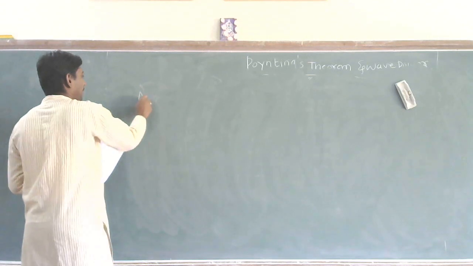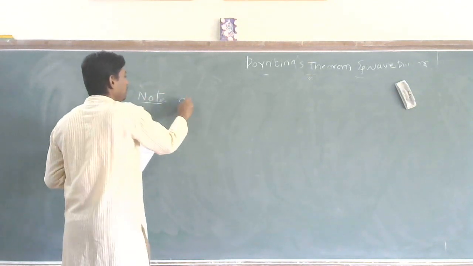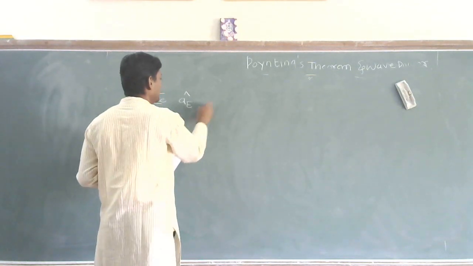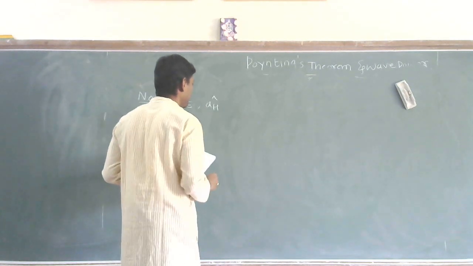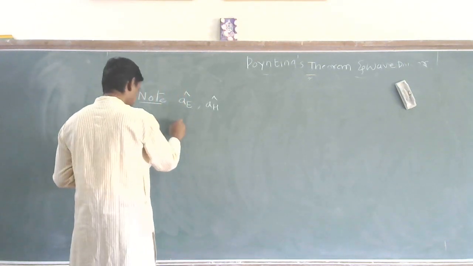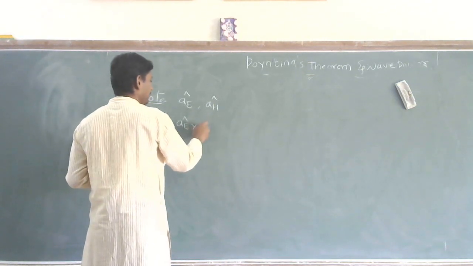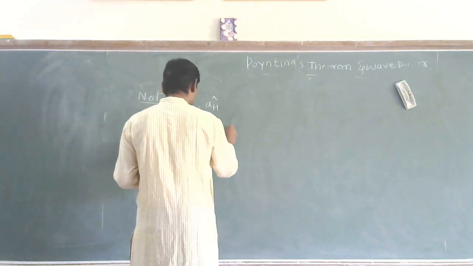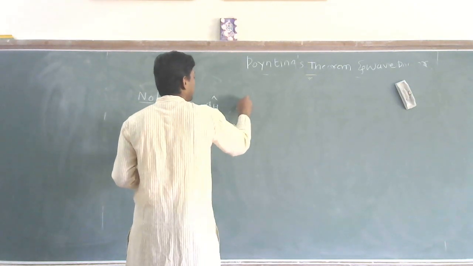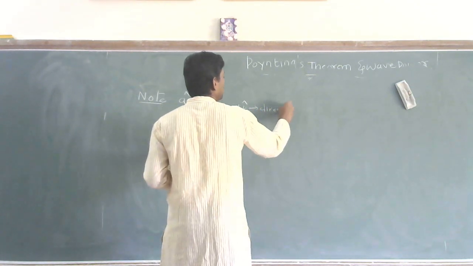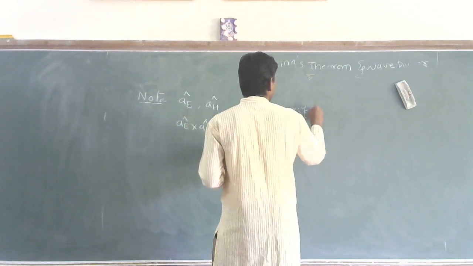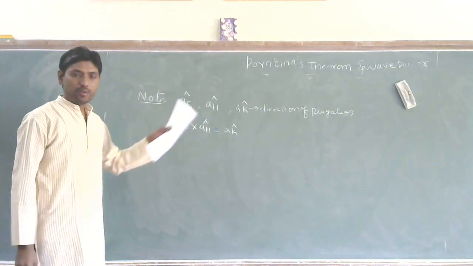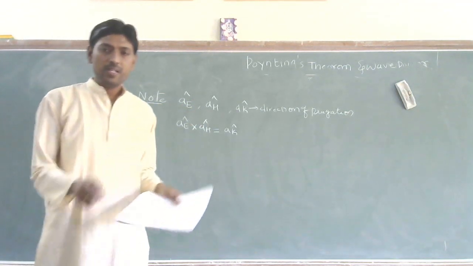There is a note: if you know the unit vector along the direction of the electric field, and the unit vector along the direction of the H field, then the cross product aE cross aH gives the direction of propagation, and aK represents the direction of propagation.